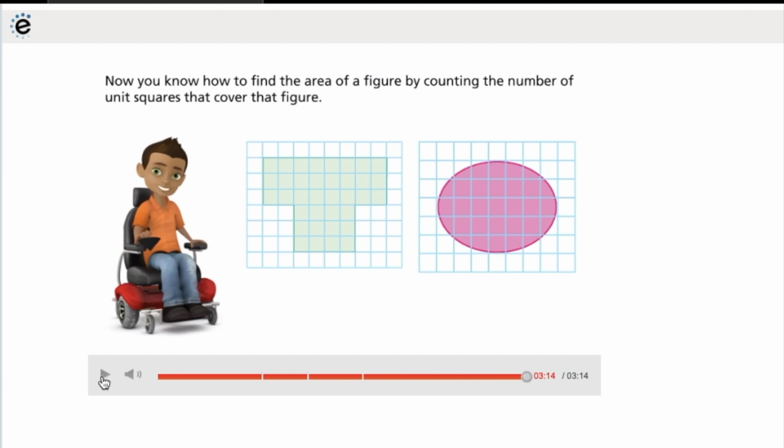So before I move on to your convince me, I'm going to go over one part with you because it went a little bit fast. If you noticed on the shape with the circle, they wanted you to count the squares. The only thing is with a circle, you can't get perfect squares on the edges because they're round.